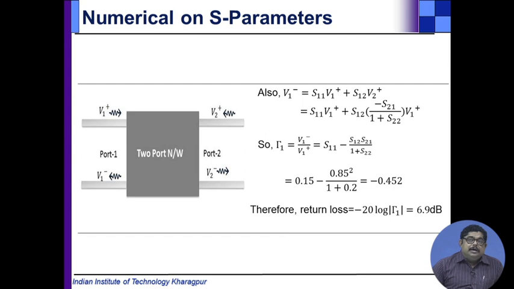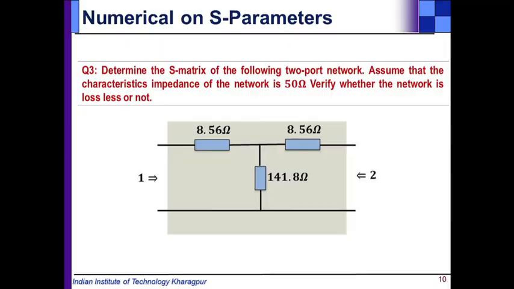Given the S parameters, we can find out the property of the network, whether it was lossless, whether it was reciprocal. Then given various port conditions, we are asked to find reflection coefficients at various ports, that we have done. In B, one port is match terminated, find the other port return loss. In C, one port is shorted, find the other port return loss.